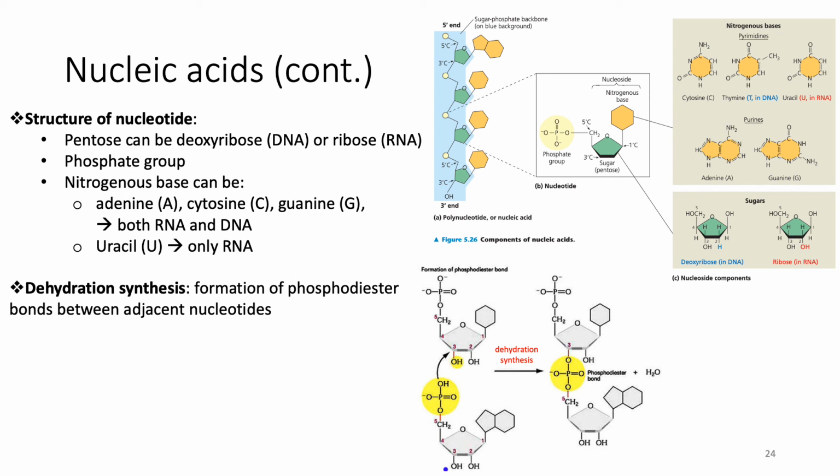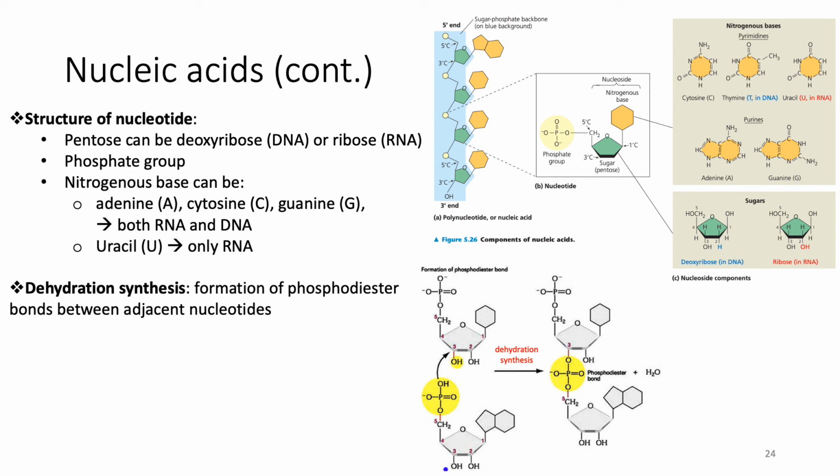A pyrimidine has one six-membered ring of carbon and nitrogen atoms. You don't have to memorize these structures, but know that the members of the pyrimidine family are cytosine, abbreviated as C, thymine or T, and uracil or U. Purines are larger, with a six-membered ring fused with a five-membered ring.